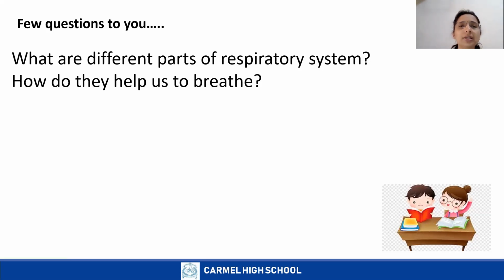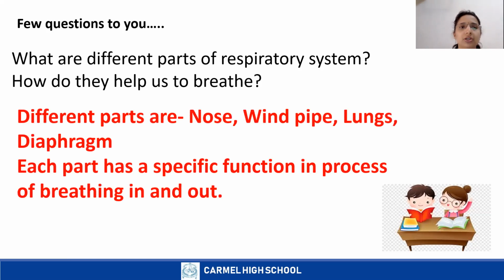And how do they help us to breathe? Each one has a special function. So we will say the different parts are nose, windpipe, lungs and diaphragm, and each part has a specific function in the process of breathing in and out.